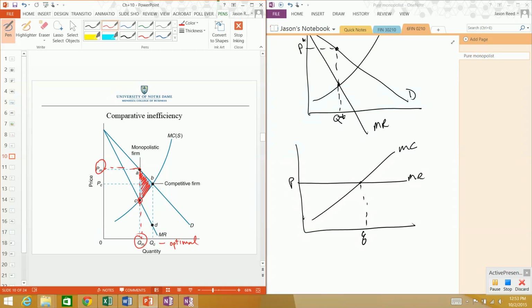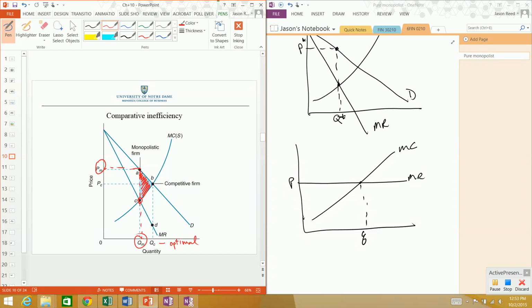So in a competitive market, just to reiterate, the price will tend to be lower at PC, and the quantity produced tends to be greater than in this monopolistic market. And that's where the pricing power comes into play: the monopolist can control quantity and therefore is able to essentially control price.